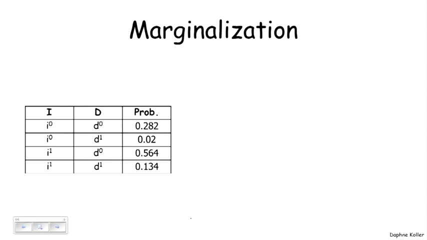Okay, the final operation that I'm going to talk about regarding probability distributions is the operation of marginalization. And that is an operation that takes a probability distribution over a larger subset of variables and produces a probability distribution over a subset of those.